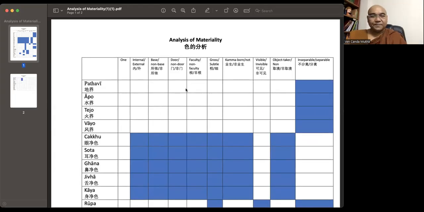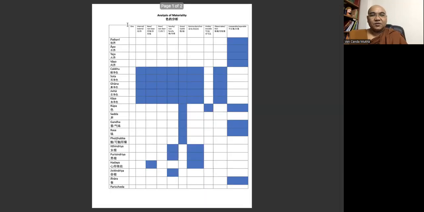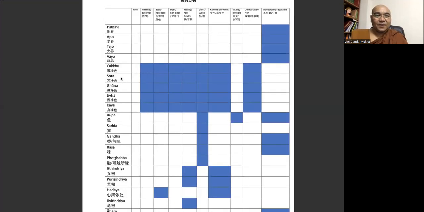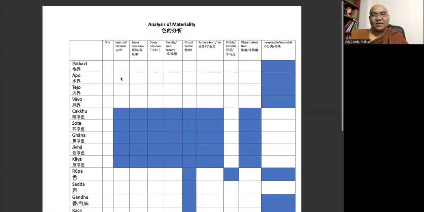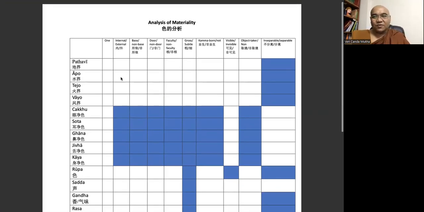Okay, this one. This is the analysis of the materiality. I don't know whether you see it or not. Yes, Sayadaw. Okay, analysis of the materiality. With this chart, you can know the whole chapter.